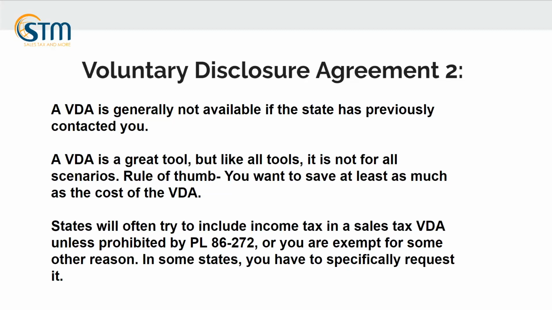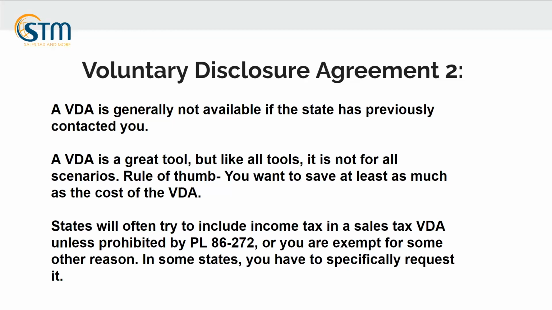All right. So, by the way, a VDA is usually done anonymously. Someone like us, someone like Avalara goes to the state and says, hey, we have someone who wants to get compliant, and here's their fact pattern, and we want to enter into the agreement. They'll send out an agreement, and you fulfill the conditions and pay your money, and then they'll waive the penalty.